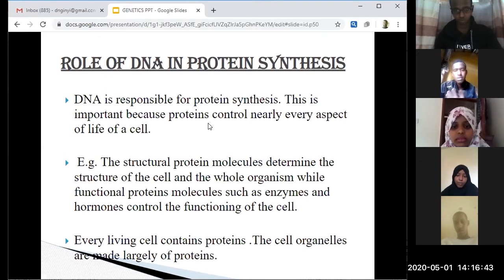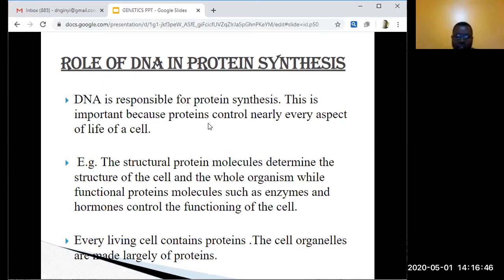So when you have the normal gene, melanin as a protein is synthesized, and the presence of melanin in your skin gives you a characteristic: normal skin color. What happens to individuals who have a gene which is unable to code for normal melanin? They produce a protein which is not melanin, something different, which gives them a characteristic that we call albinism.